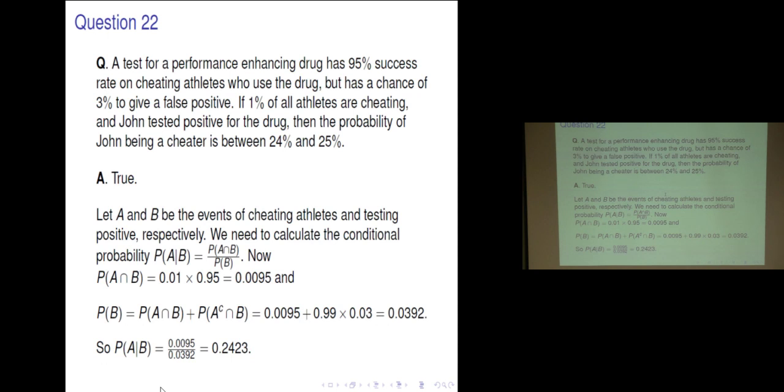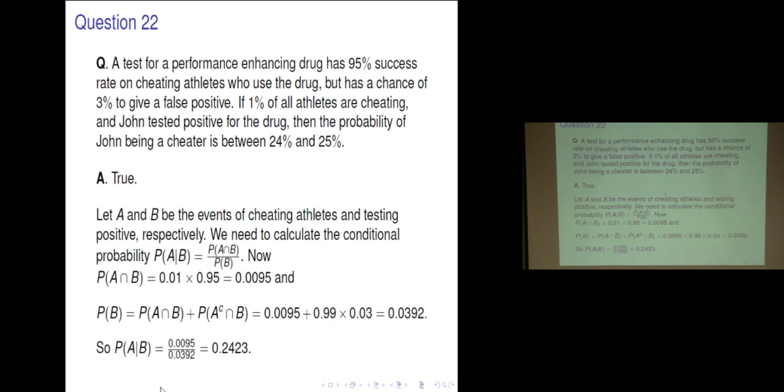So first we have to translate the storyline into the language of probability, right? We have done this before, so let's see. Let A and B be events. A is the collection of events that people are cheating, and B is the collection of events that the testing is positive.